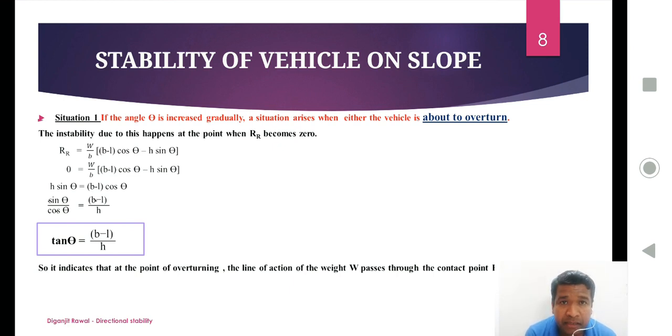So taking the theta term to one side, sin theta upon cos theta is equal to B minus L upon H. We know that sin theta upon cos theta is equal to tan theta. So the equation becomes tan theta is equal to B minus L upon H. It indicates that at the point of overturning, the line of action of the weight W passes through the contact point F. So this is situation 1, about to overturn. We have to find out tan theta is equal to B minus L upon H.